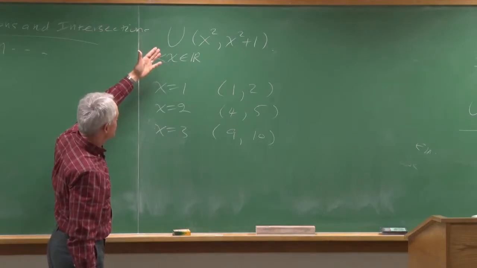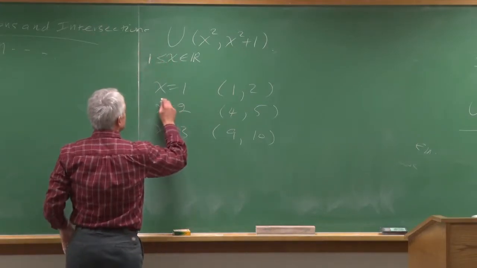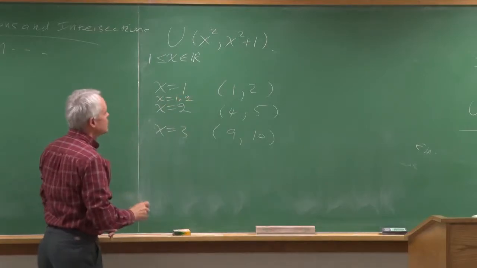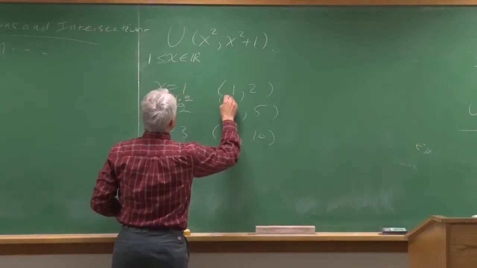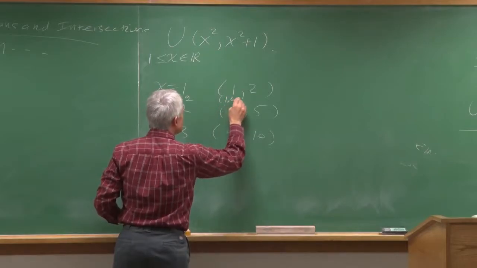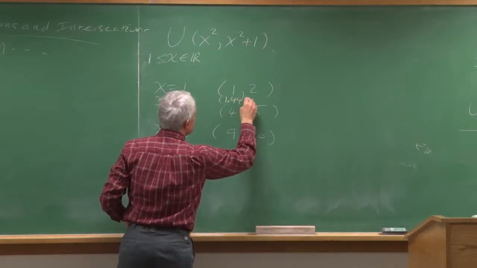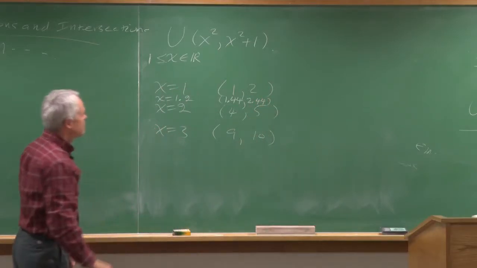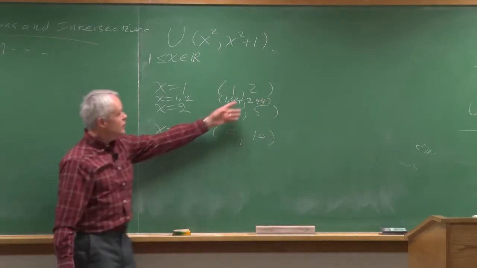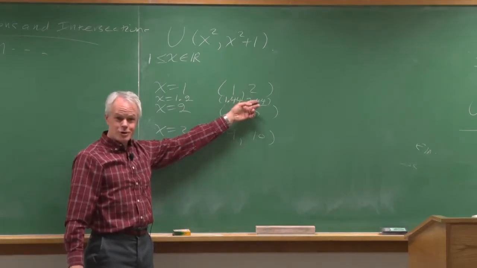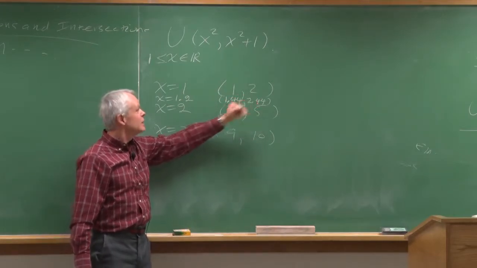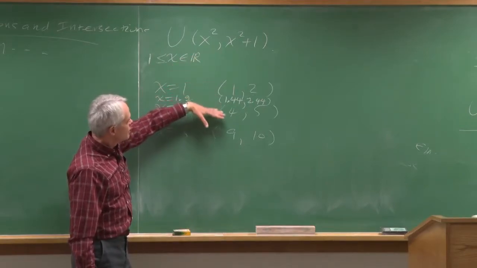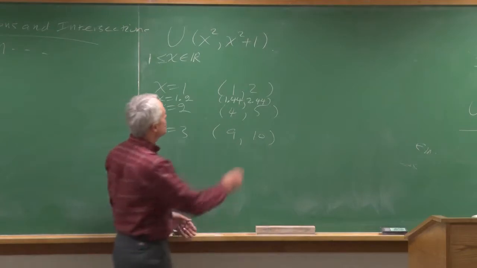So I could pick x equals 1.2. And then I would have, let's see, 1.2 squared, 1.44, and add 1 to that, 2.44, right? So in fact, I do get numbers greater than 2 when I take this union. So what do you think I'm going to get here?